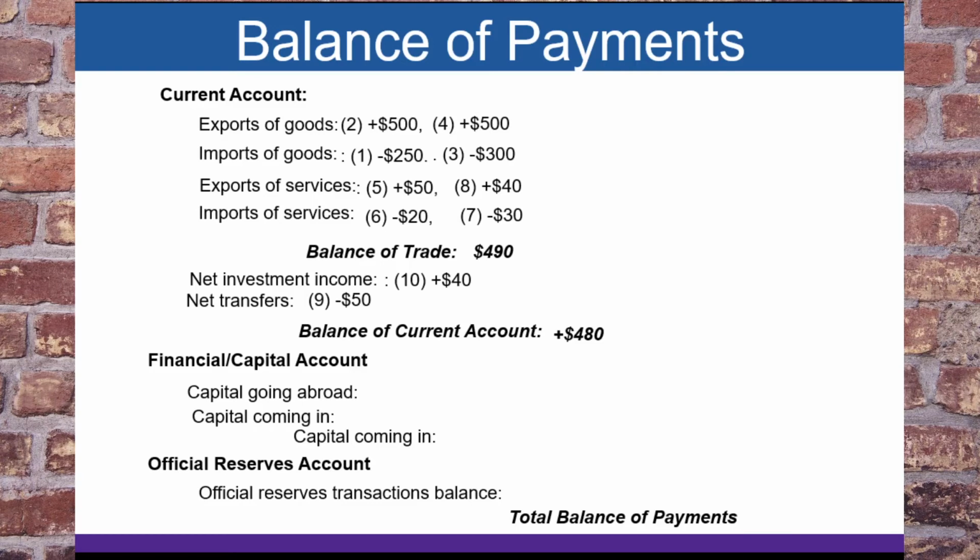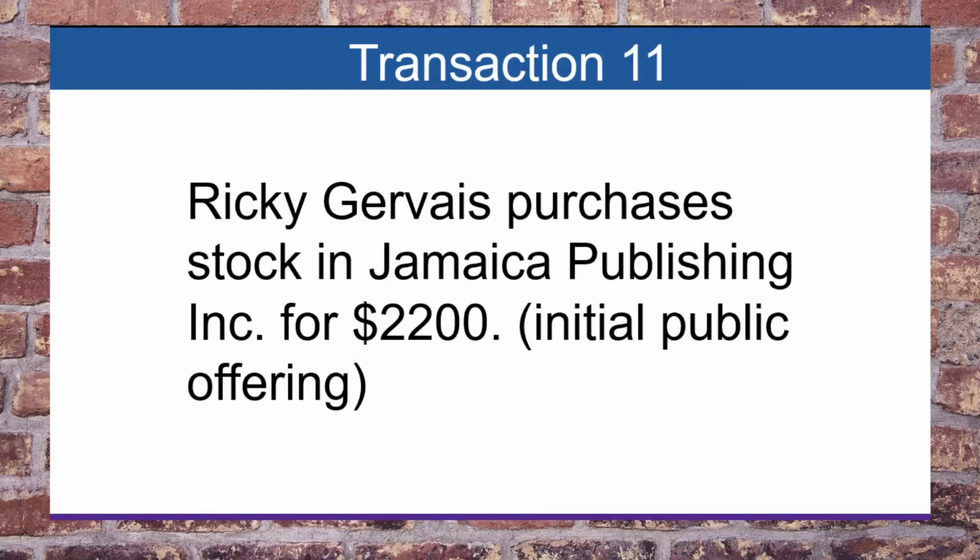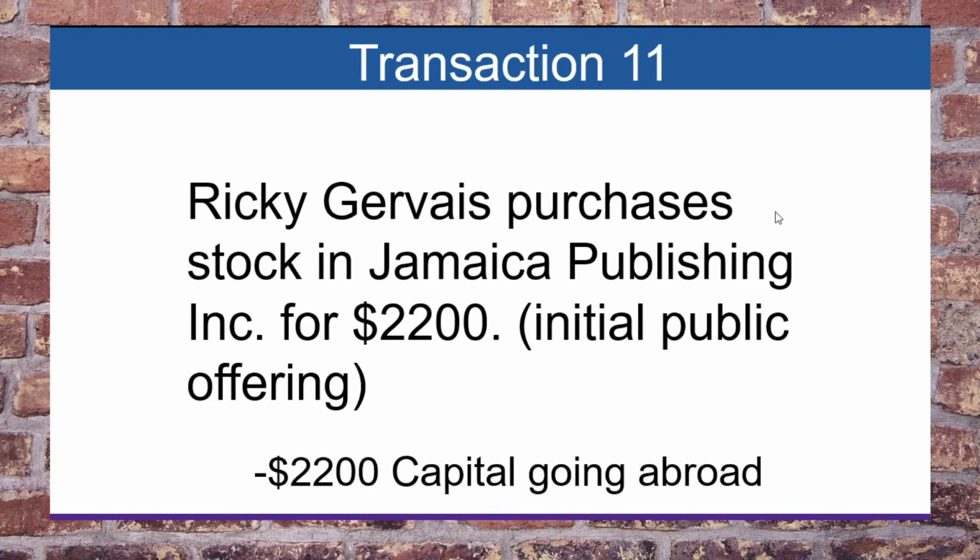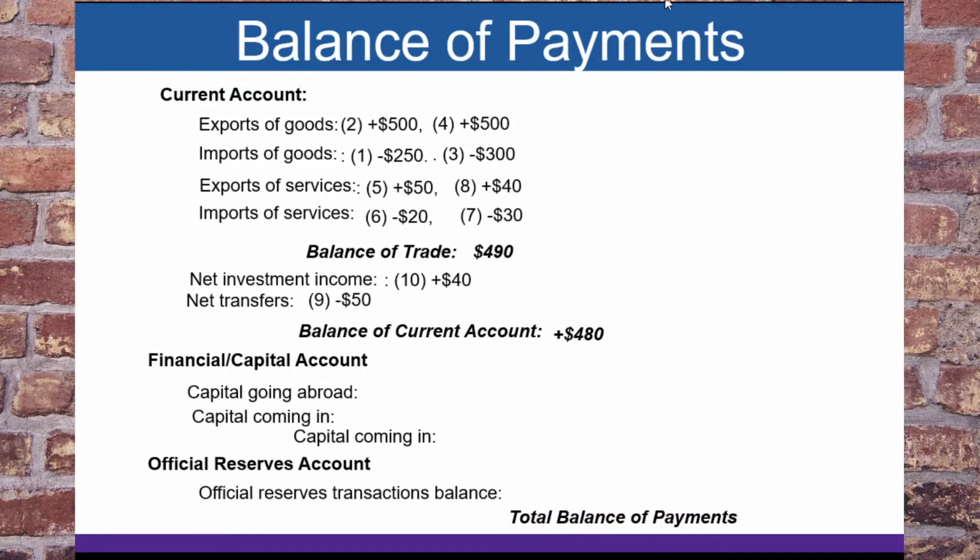We have Ricky Gervais purchases stock in a Jamaican publishing company. All right. That gives us $2,200 of capital going abroad because he's buying stock in Jamaica. All right. We have the $2,200, right, that's leaving the country.